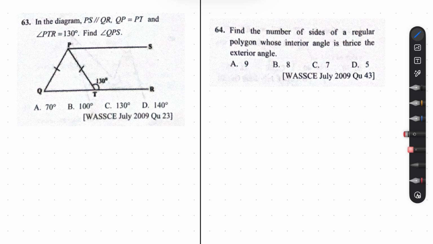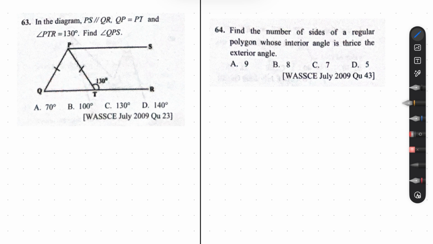All right, let's move on to question number 63. The question says in the diagram, PS is parallel to QR. So this line and this line are parallel. And then QP is equal to PT. What that means is this length is the same as this length. So this triangle is an isosceles triangle, which means this angle and this angle will be the same.